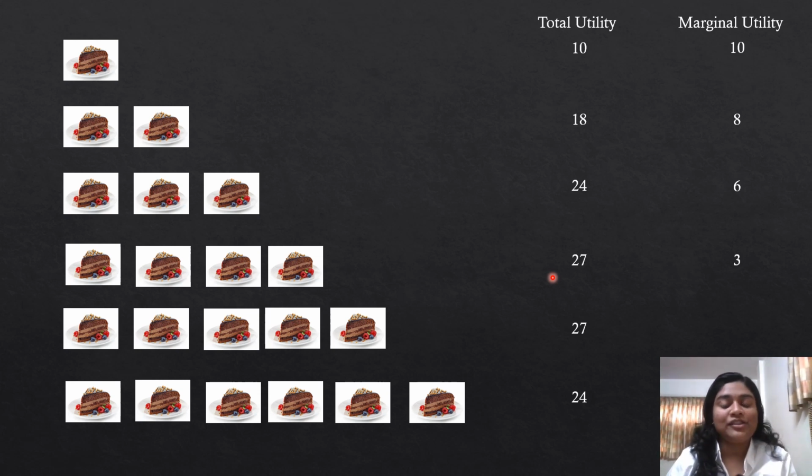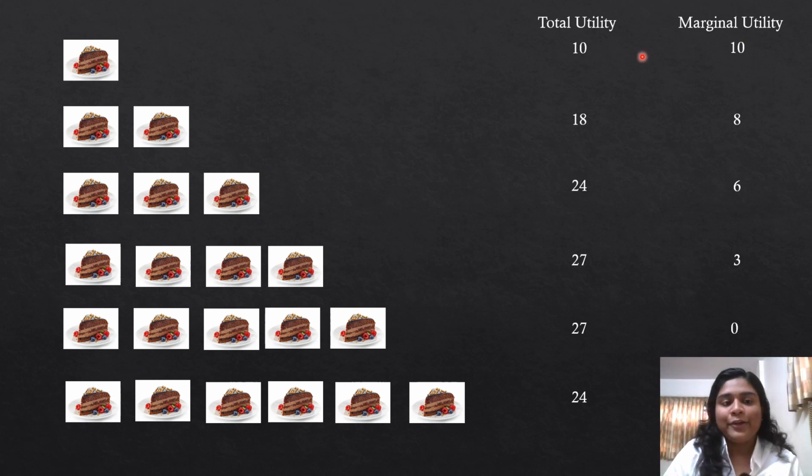But the marginal utility derived from the fifth piece of cake is going to be 0, because after the fourth and the fifth piece, the total utility is the same. So 27 minus 27 is going to be 0. And in the sixth piece of cake, what happens? You have started puking, you feel unwell, and your marginal utility has decreased to minus 3.